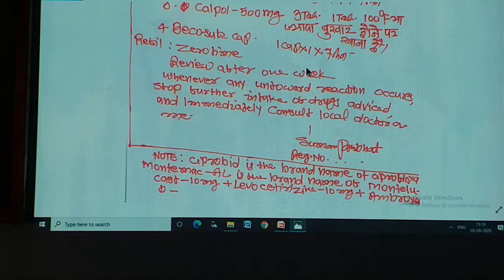Calpol is the brand name of paracetamol, and Bucosul capsule is a brand name of a B-complex preparation.